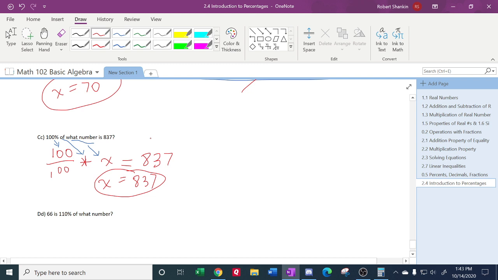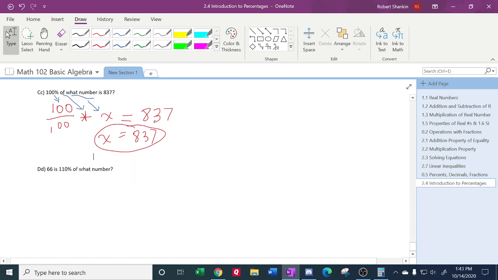All right, so now I want you to do part D. Translate that word for word into an algebraic equation and then solve the equation to get the answer. And at my cue, I'm going to have you enter it into your group chat.